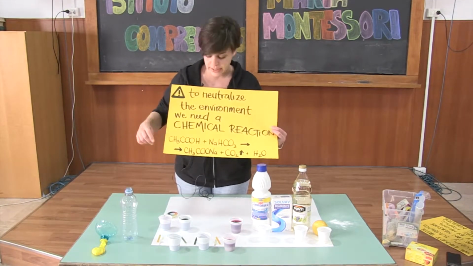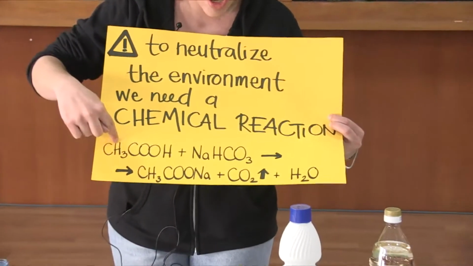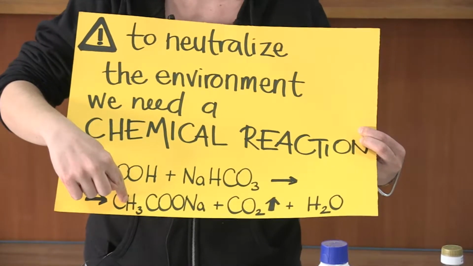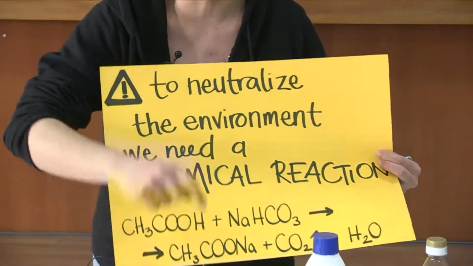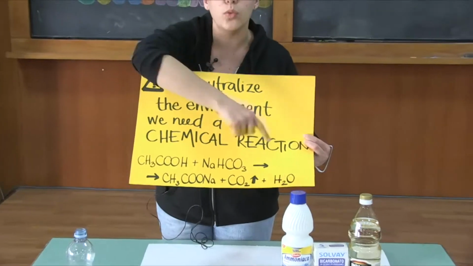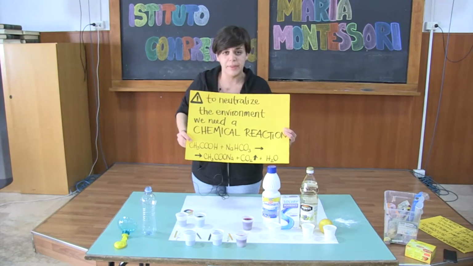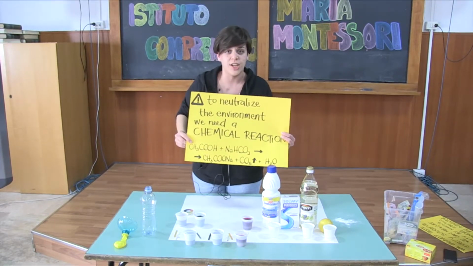And in particular, in our case, the chemical reaction mixes the vinegar and the bicarb to get a salt, CO2, that is a gas, and that's why we saw the bubbling in the glass, and water. In our case, it is colored because there is still the pigment that comes from the red cabbage, but it got back to the initial color.